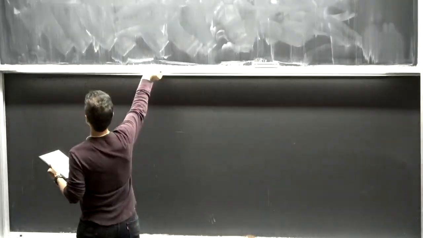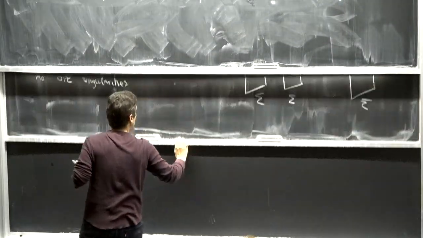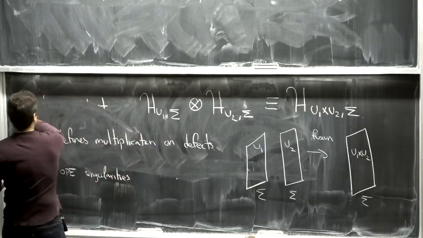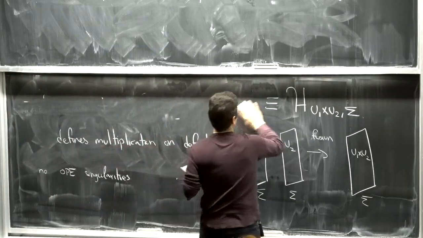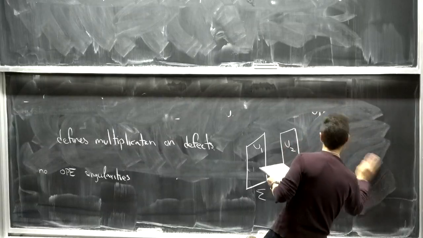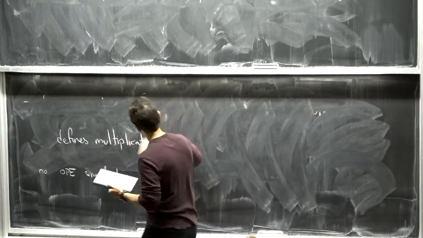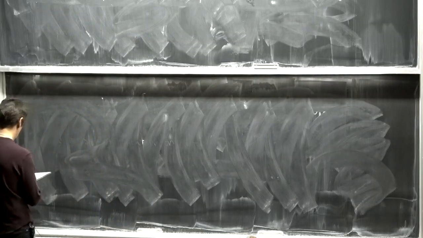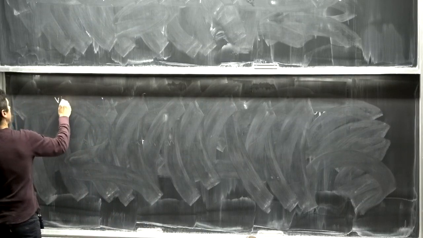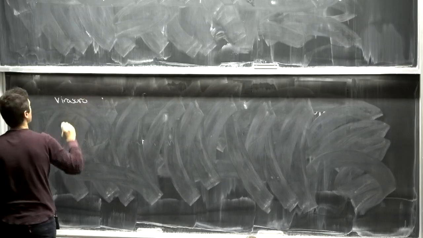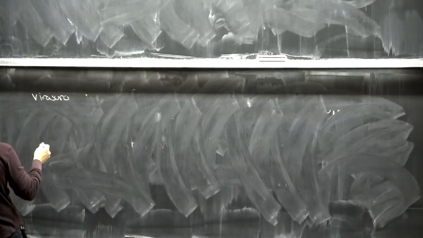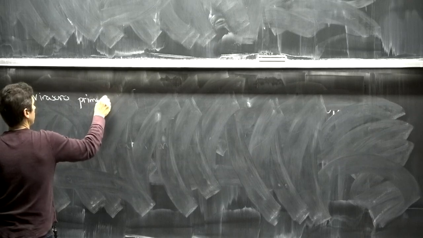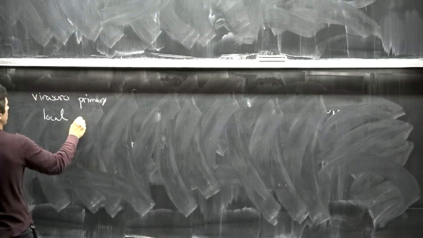OK, so let's make a little table of the operators and their properties. It's a 2D conformal field theory, so we can think of everything in terms of Virasoro primary local operators.